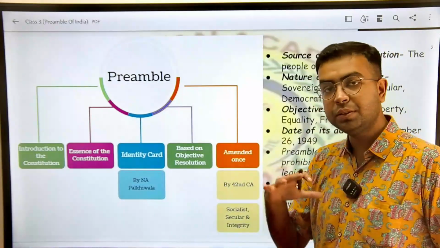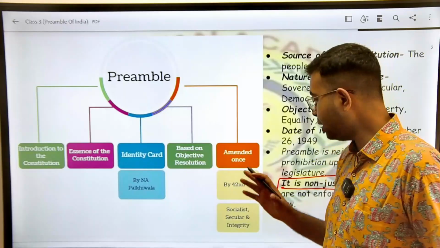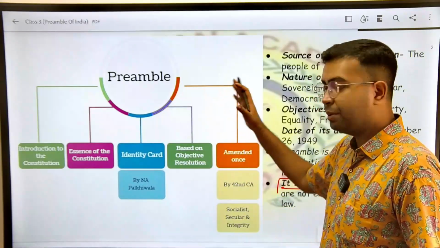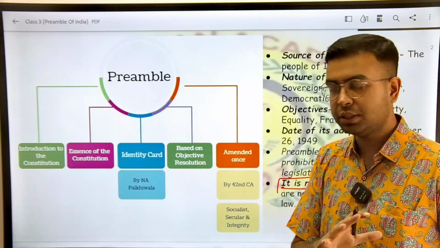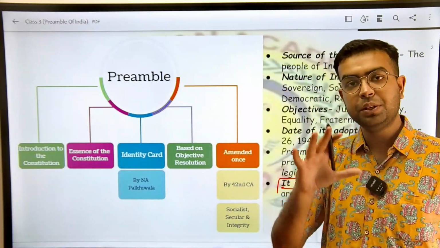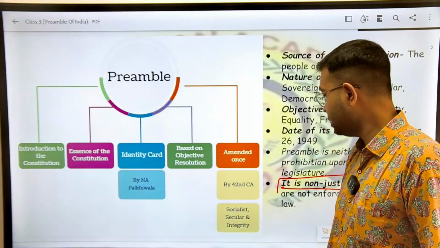Court cannot give a judgment on the basis of the preamble only. It is not enforceable by law. Fundamental rights are enforceable by law. A court can give a judgment based on fundamental rights, but a court cannot give a judgment based on the preamble. Hence, the preamble is not justiciable by nature.